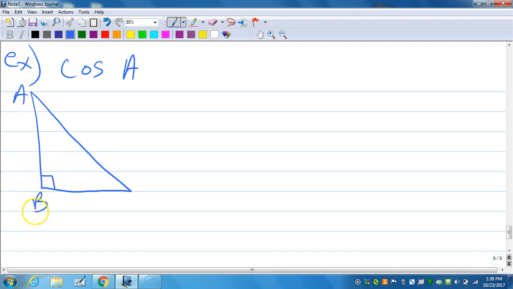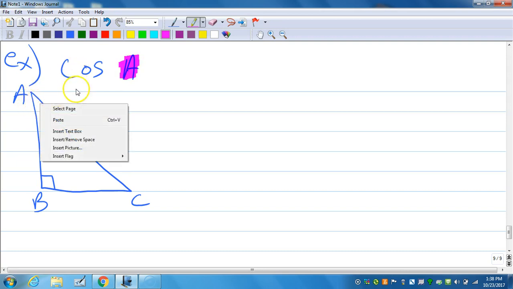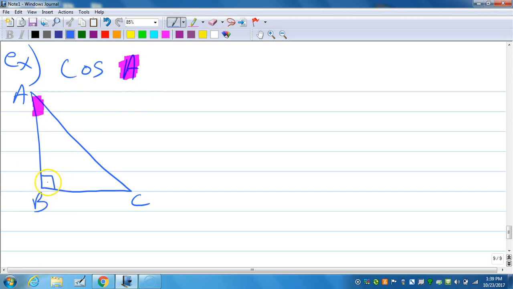A, B, C. Before I even start, I want angle A. Here is my angle A. Remember, across the 90 is always the hypotenuse. That's the hypotenuse. The one far away from the A, way over here, is the opposite.